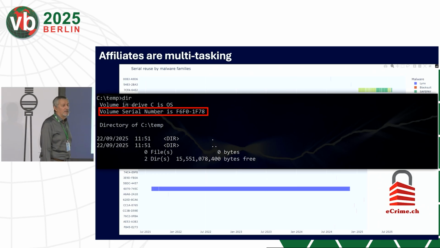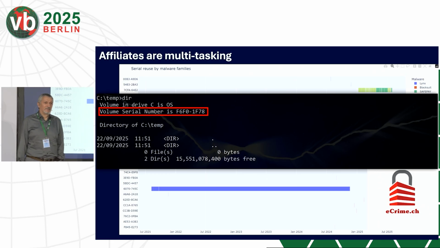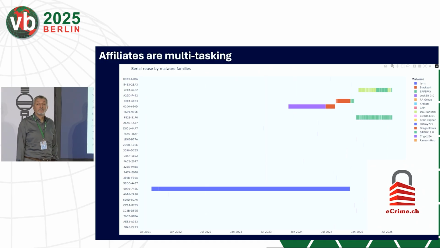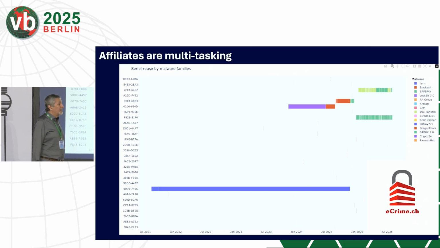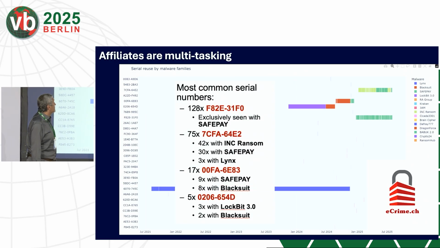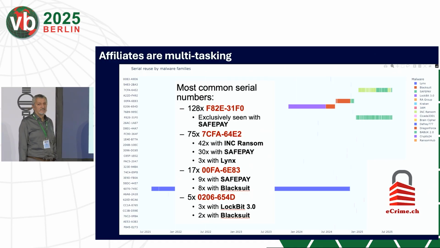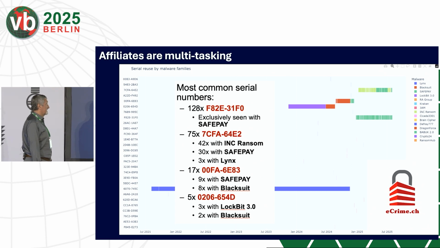So what happened is that these affiliates were working for different ransomware operations, and these could be grouped together by these volume ID numbers. And what Cosim found is that there were interesting overlaps. SafePay was a very active player there, and there were overlaps between the Ink and Lynx ransomware operations and SafePay.